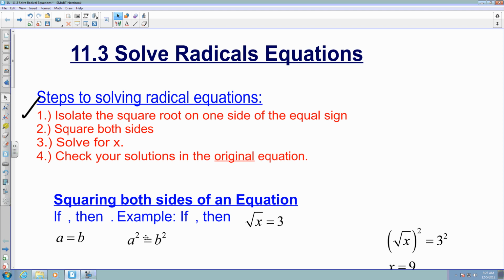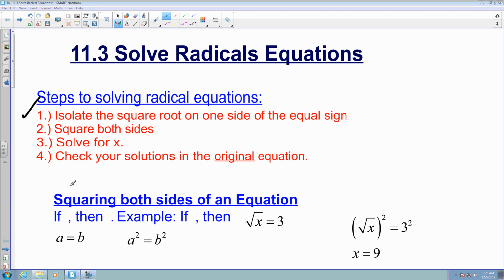What do you mean by squaring both sides of the equation? We can make the assumption that if a equals b, then a squared would equal b squared.